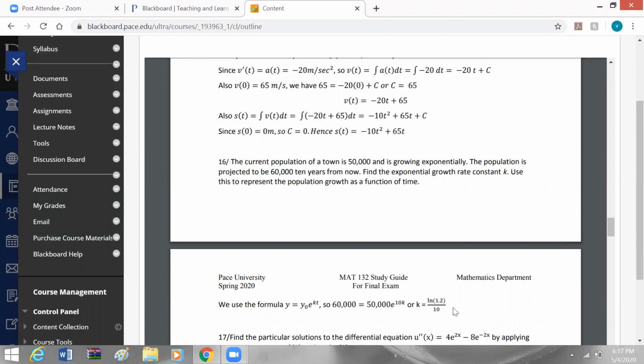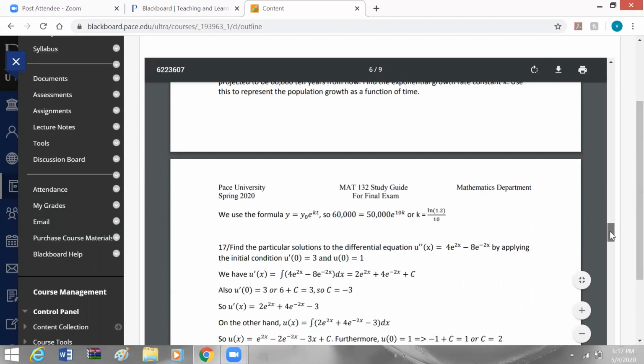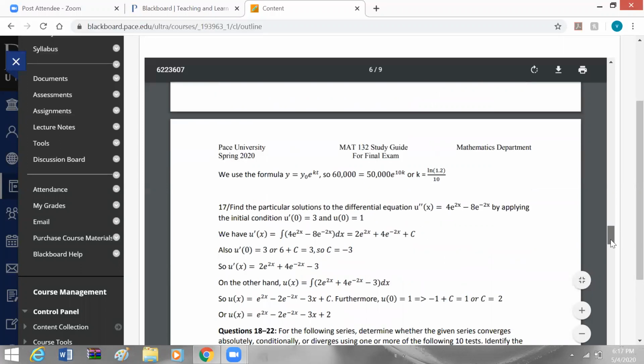We deal with that using y equal to y0 e to the kt. Again, this is the part where we need to solve for the constant, and sometimes we need to solve for the population. The constant k doesn't necessarily have to be a whole number, right? It can be just ln of 1.2. I divide both sides by 50,000, and then divide both sides by 10 after we take the ln.